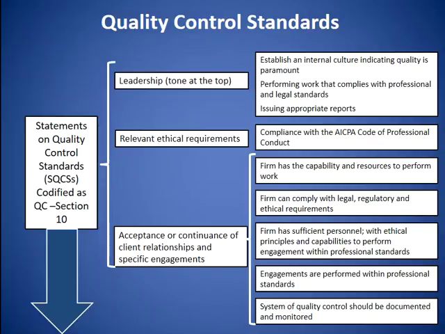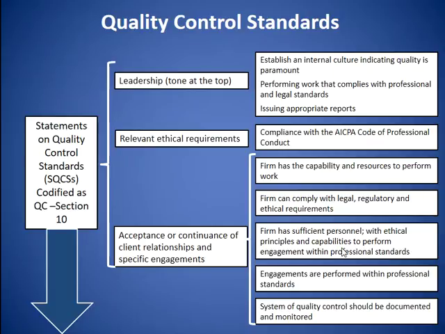So when we say acceptance or continuance of client relationships, basically, again, the quality control standards help ensure that they look at the firm and say, does the firm have the capability and resources to perform the work? Number two, can the firm comply with legal, regulatory, and ethical requirements with this particular client?